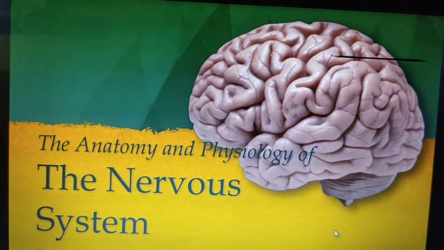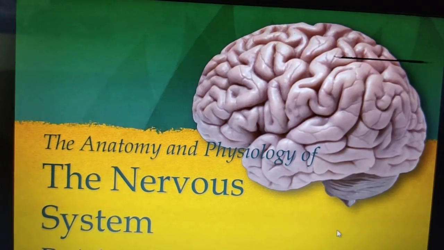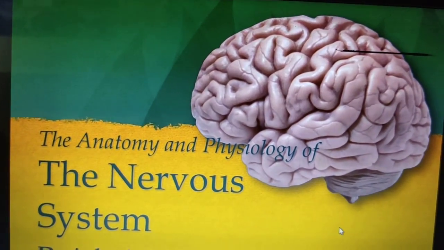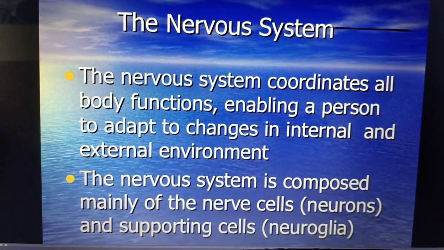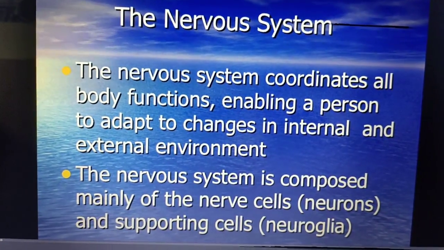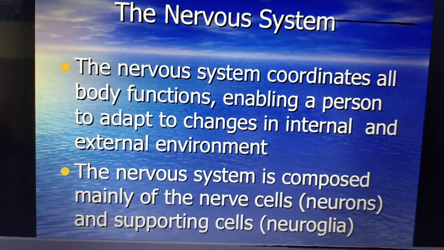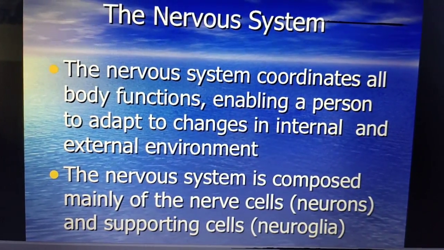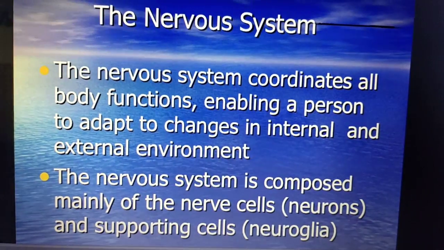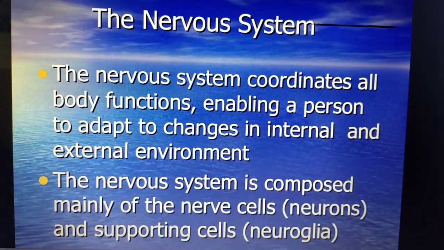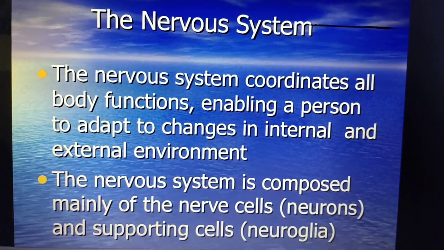Today's class is the anatomy and physiology of the nervous system. What is the nervous system? The nervous system coordinates all body functions, enabling a person to adapt to changes in the internal and external environment. Simply, the nervous system is all about coordination.